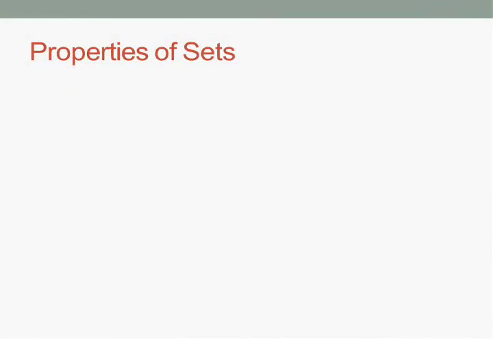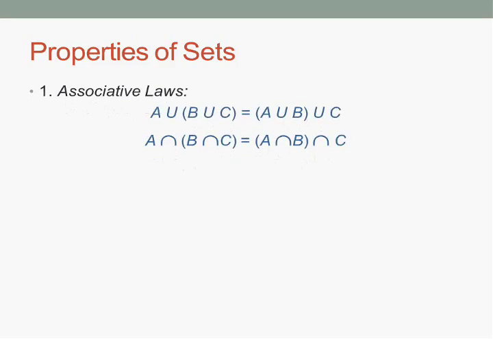Now we shall discuss some properties of sets. With any operation that we have in mathematics in general, we usually have a set of properties that is pretty easily confirmed or derived from the operation itself. That goes just the same with set operations also. The set operations satisfy the following laws. Associative law.